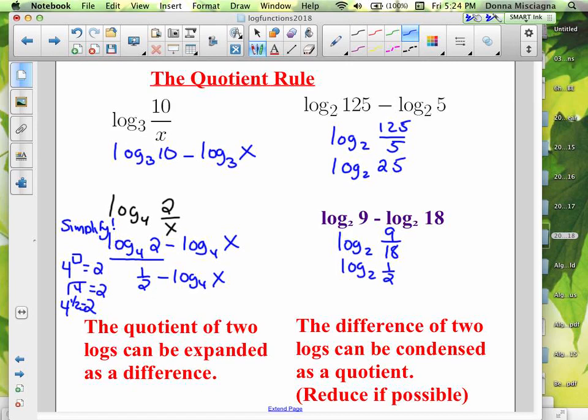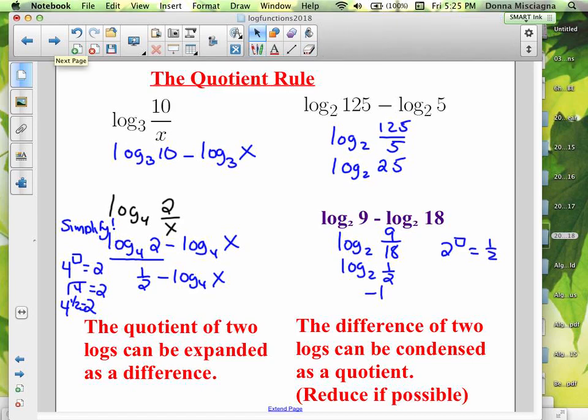But wait a minute, we can rewrite that. 2 to what power is equal to 1/2? Well, we just have to raise that to the -1 power to make it the reciprocal. So this whole log statement here, log base 2 of 9 minus log base 2 of 18, that's really just -1. That's just a more complicated way to write -1. So now we've made that much simpler by rewriting that log.